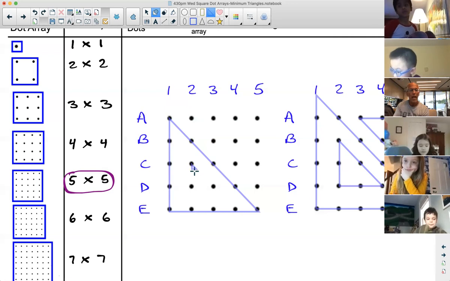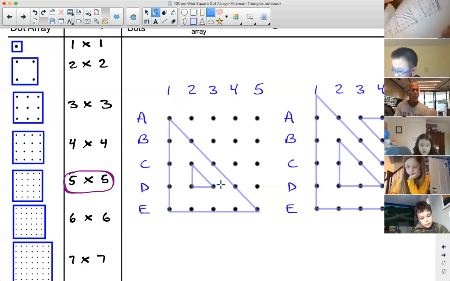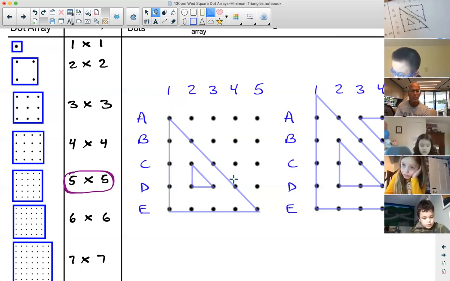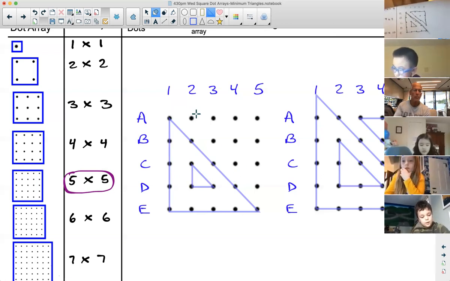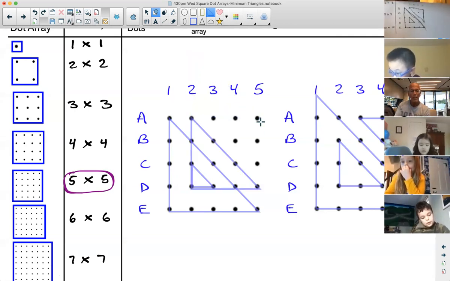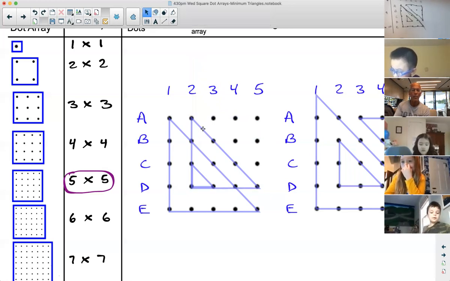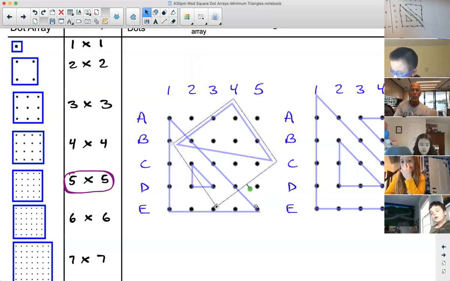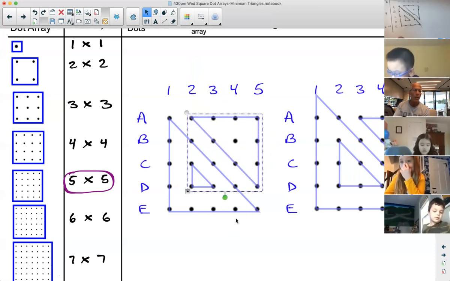You would say C2 to D2 to D3. Always describe it. And then you go from A2 to A5 to D5. Right. But unfortunately, that leaves us with one empty dot.